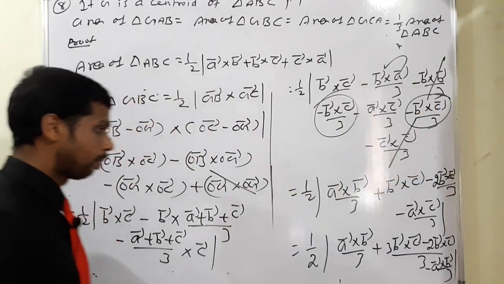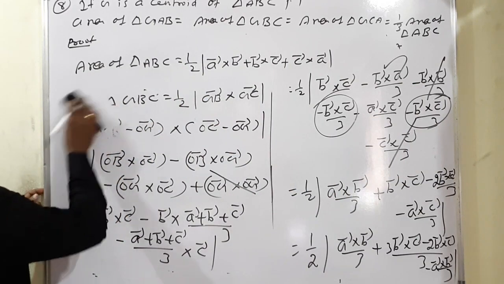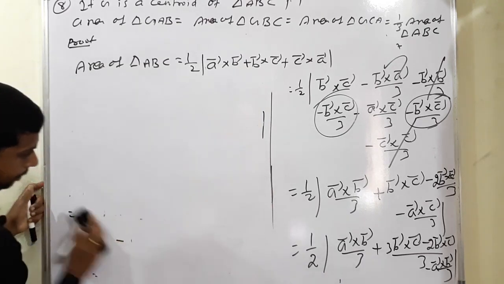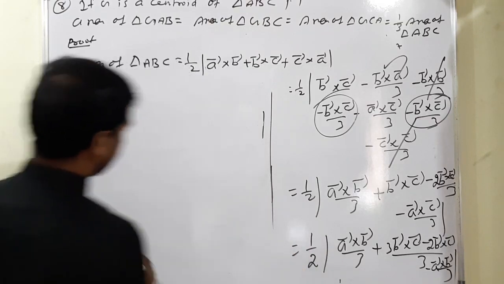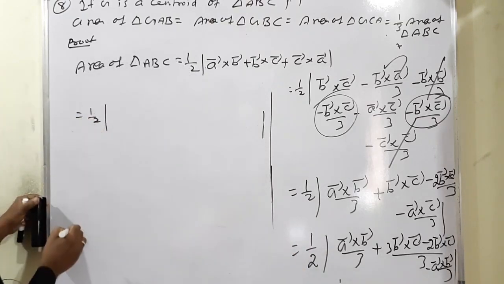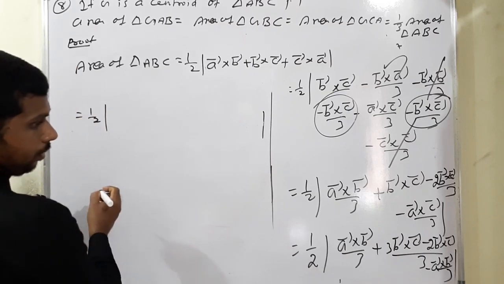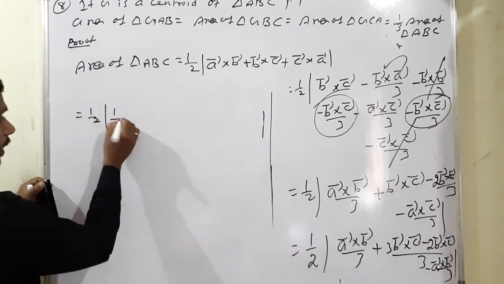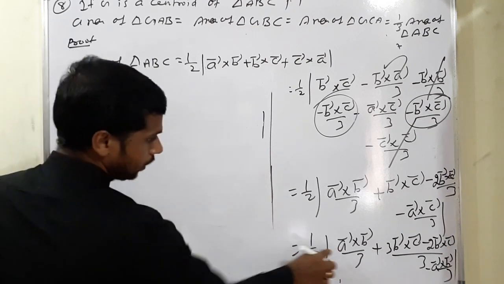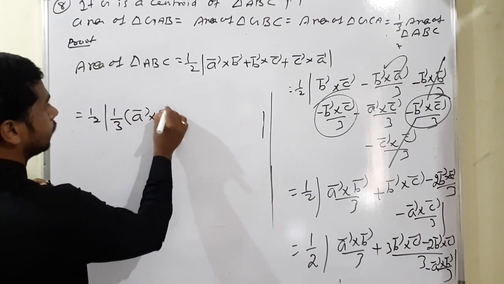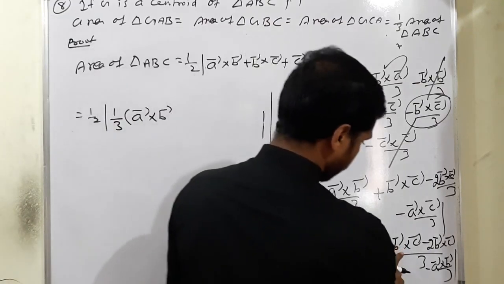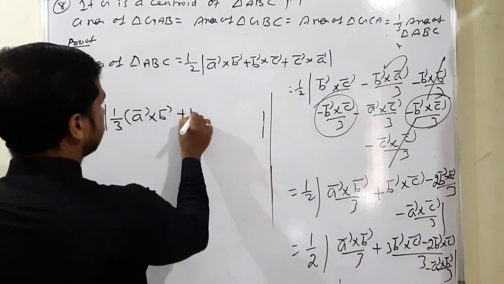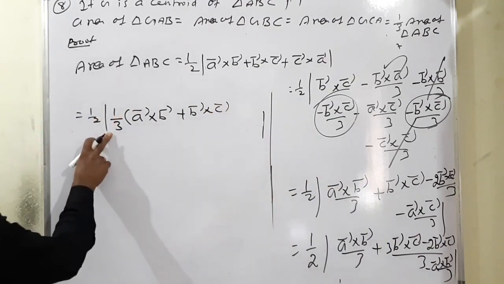Okay. Now so 1 by 2 as it is outside, then 1 by 3 take common outside, inside modulus, A vector cross B vector. So look at the second term, 3 minus 2, definitely one term will come now, plus B vector cross C vector, because outside already we have taken 3.